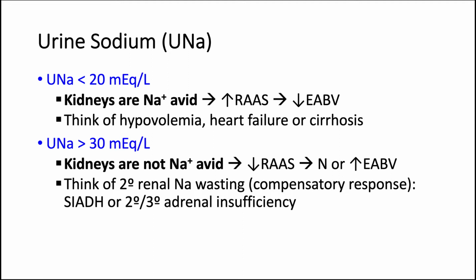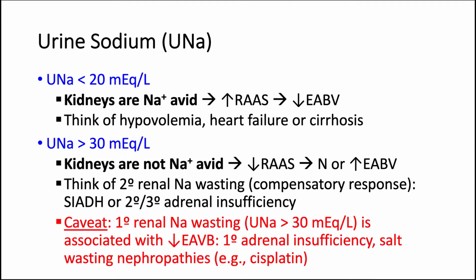Now, there is a caveat about this condition. There are conditions where you may have a high urine sodium, more than 30, but they actually have a low effective arterial blood volume, not normal or high, as I explained. Those are conditions that cause primary renal sodium wasting, which means that the kidneys are losing sodium. That's the primary problem. It's not a compensation.